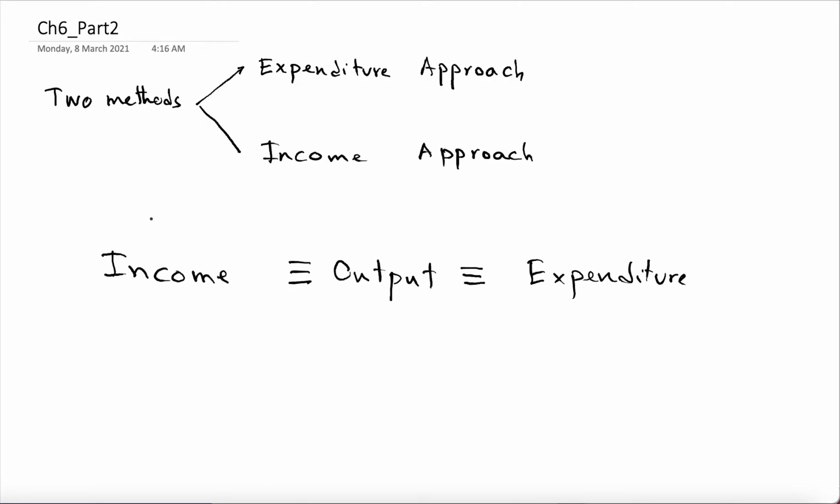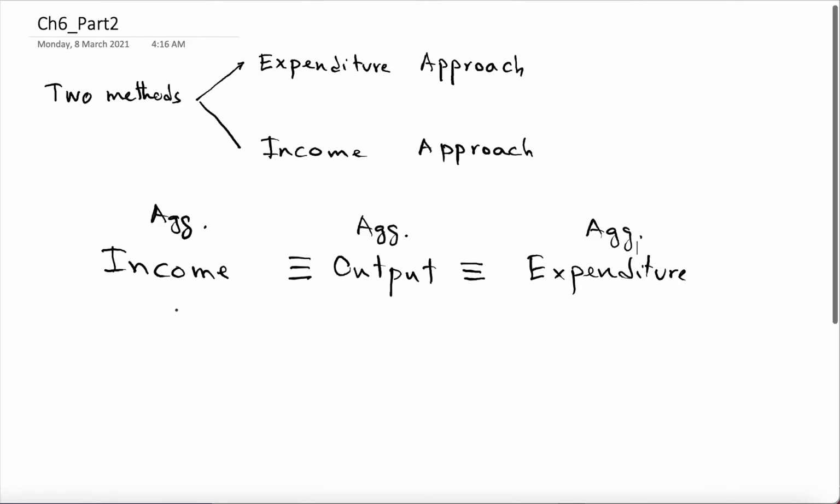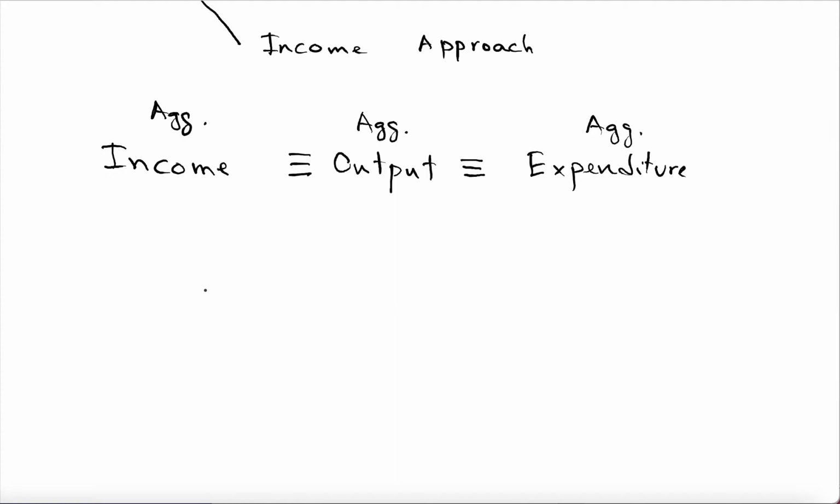So all of them are aggregate, right? What it means is that the first law of thermodynamics is here. If we have different groups of people or the boxes in the flow diagram, as we said, the arrows that come in are equivalent to the arrows that go out.